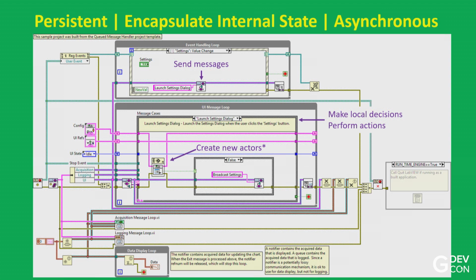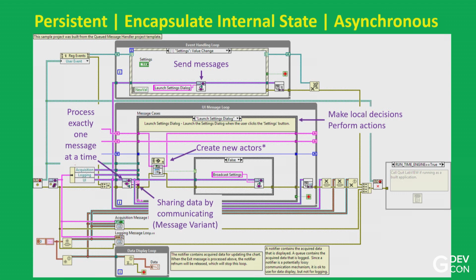An actor has the ability to send a message, and a message we're going to define as an instruction and the data to execute that instruction. We can process exactly one message at a time, and in LabVIEW, we do that via queues. And we share data by communicating. So any message that we send in a QMH, we can send any type of data that we want via a variant.